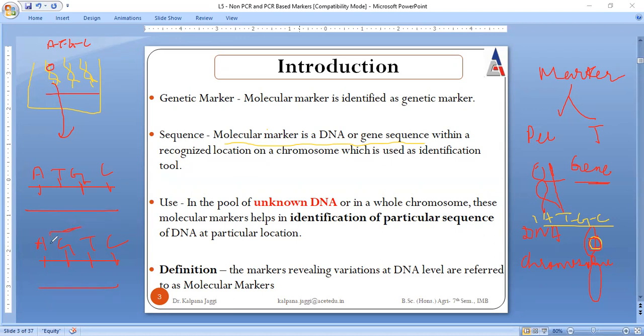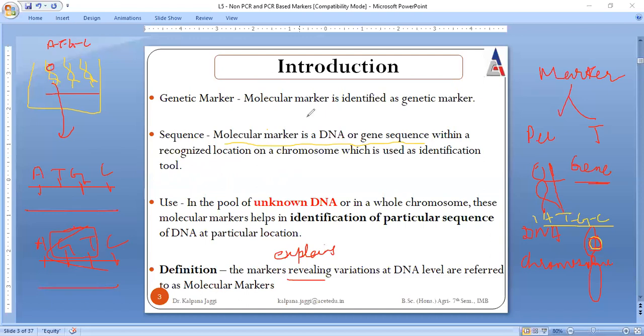See, this is the change that is taking place, at DNA level, and we can say it is at molecular level. So the markers which explain the variations at DNA level are referred to as molecular markers, right? So this is all about the molecular markers.